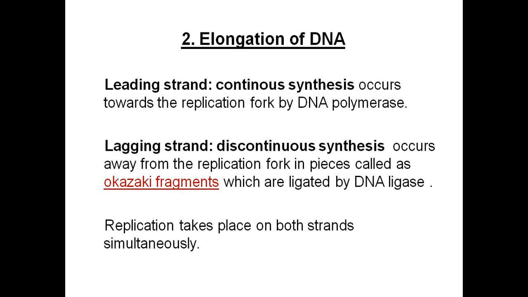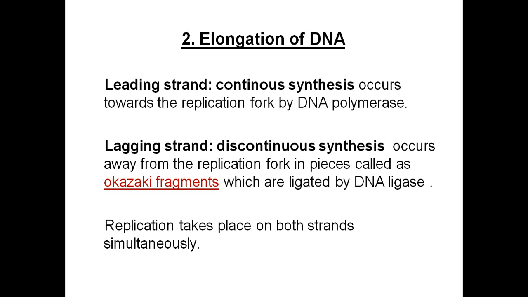Whereas on the lagging strand there is discontinuous synthesis of DNA, which takes place as Okazaki fragments. These Okazaki fragments are short DNA fragments which are ligated by the enzyme DNA ligase to make a single strand of newly synthesized DNA.